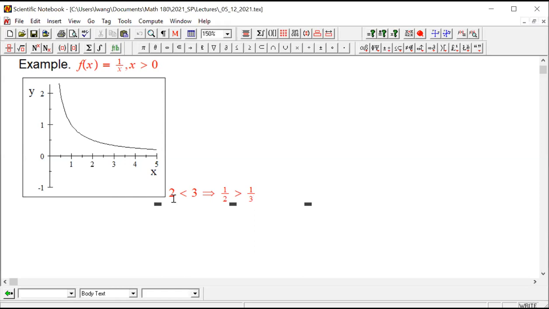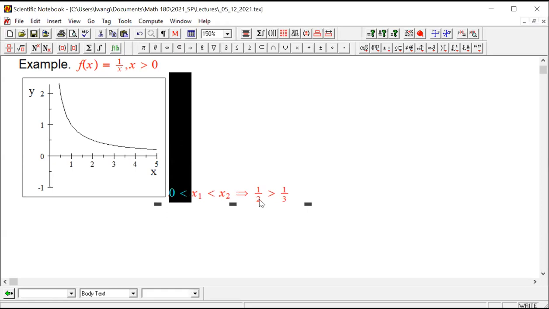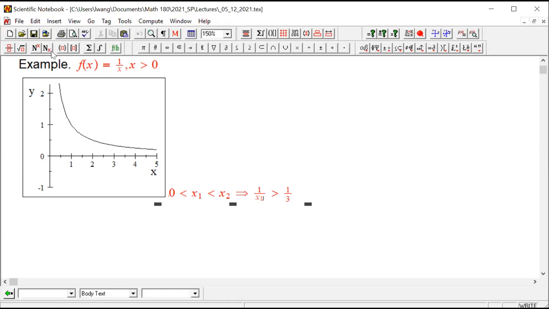So whenever x1 is less than x2, any two such numbers larger than 0, 1 over x1 is going to be larger than 1 over x sub 2.